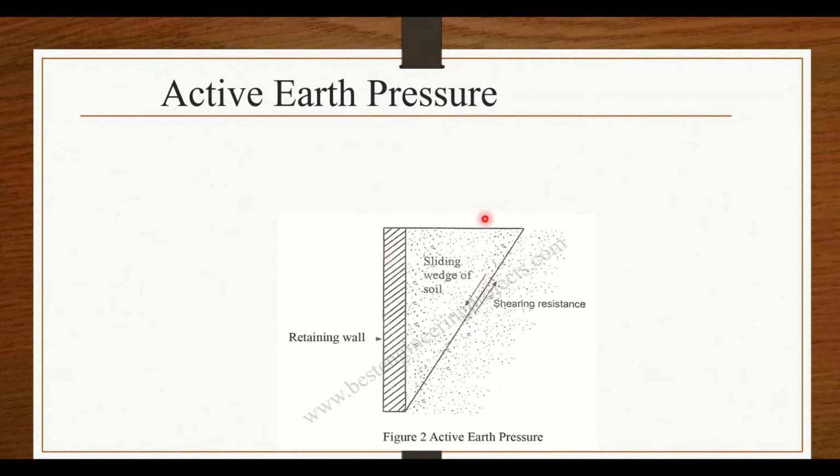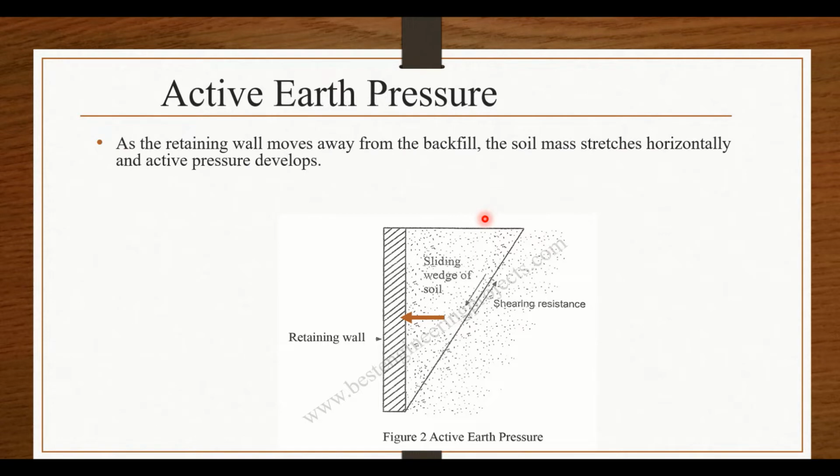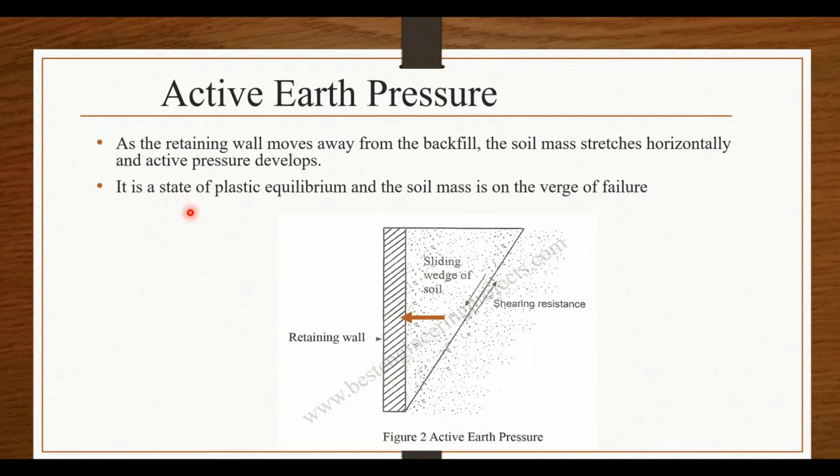So by definition, as the retaining wall moves away from the backfill, the soil mass stretches horizontally and active earth pressure develops. It is a state of plastic equilibrium condition, and soil mass will be on the verge of failure.